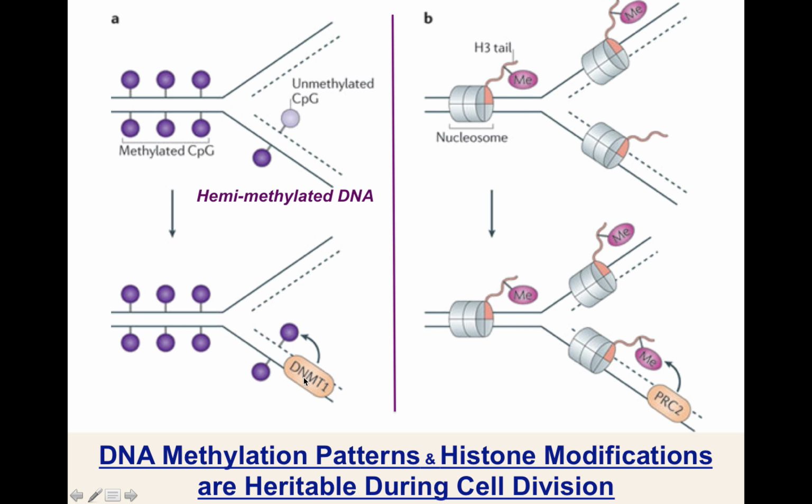So the enzymes that recognize the hemimethylated, or the half methylated, or half modified histones are responsible for perpetuating these patterns of DNA methylation and histone modifications during cell division.